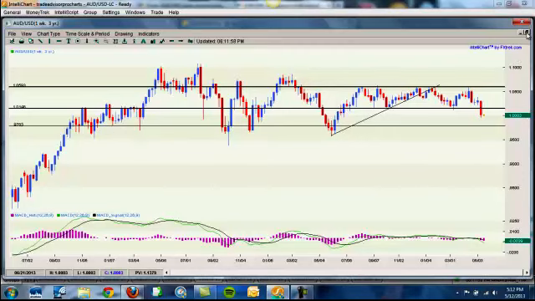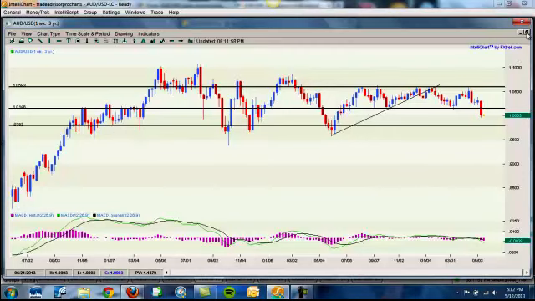Let's just go look at the pound. Because of that, I don't see an opportunity on the dollar. I'm sorry, on the euro, because of the unsure market conditions that we're dealing with right now. The pound, I think we have definitely seen a turn here.